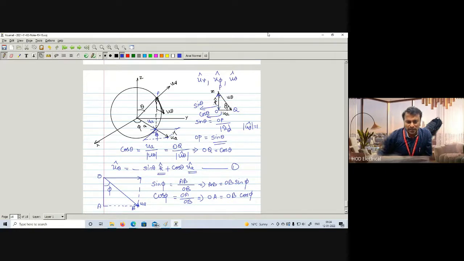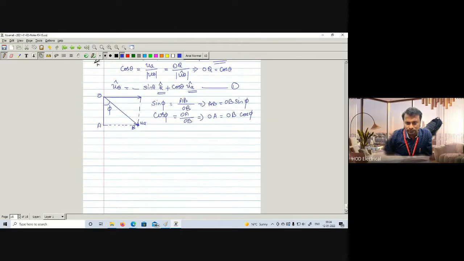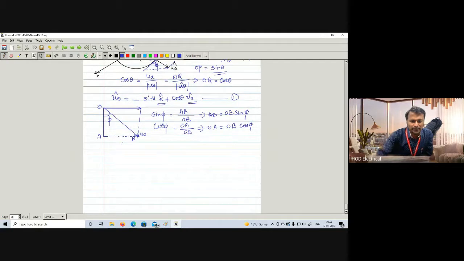So from this we know already what is OA. So OA is nothing but, this AB side will be OB, and OB is what? It is the unit vector along this direction.